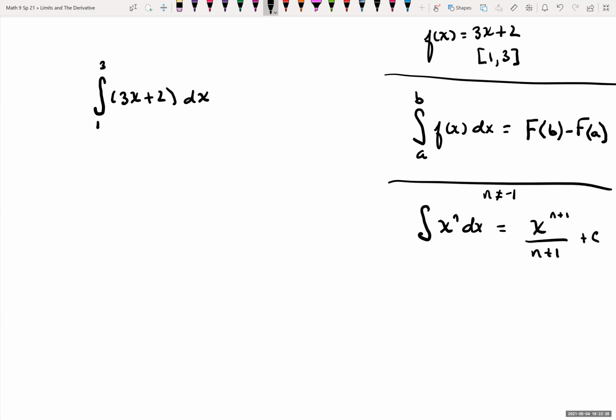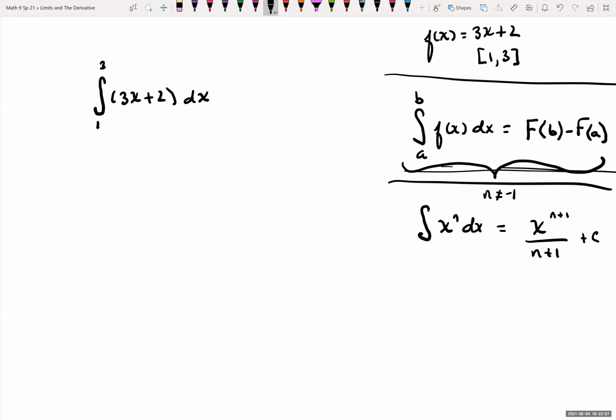When we're dealing with definite integrals, we don't evaluate that value c. When we're doing indefinite integrals, we're getting back the antiderivative function. When we're doing definite integrals, we're getting back a number. This represents multiple functions, but this represents a number. So we don't have to worry about this plus c when we're doing this piece.